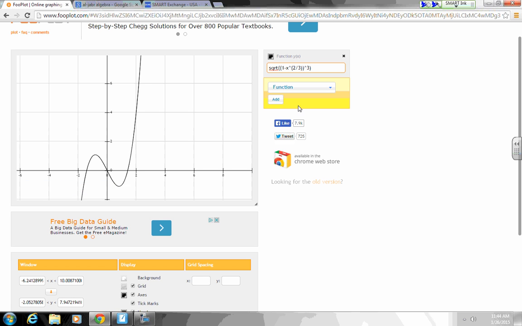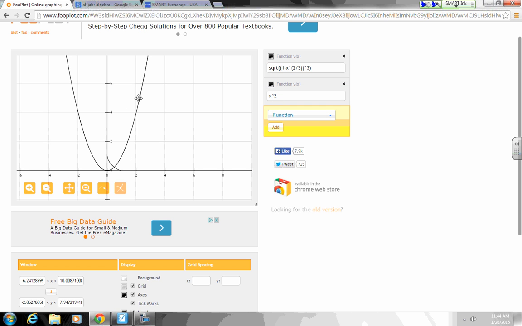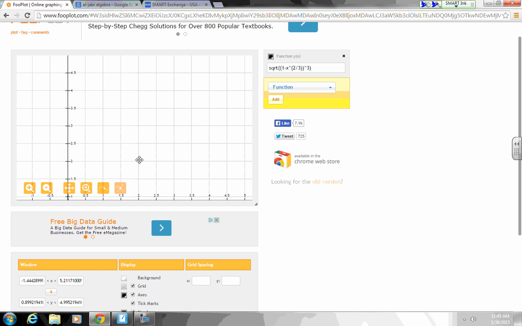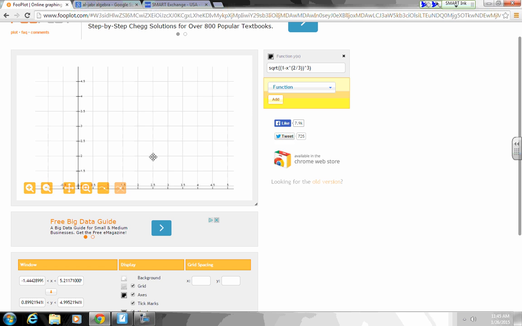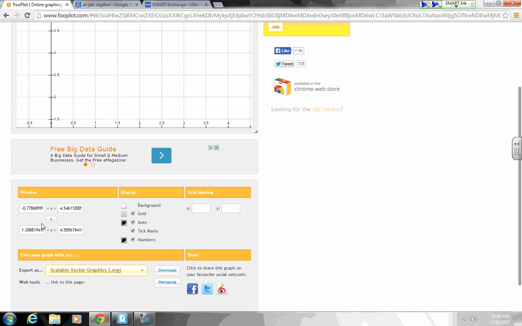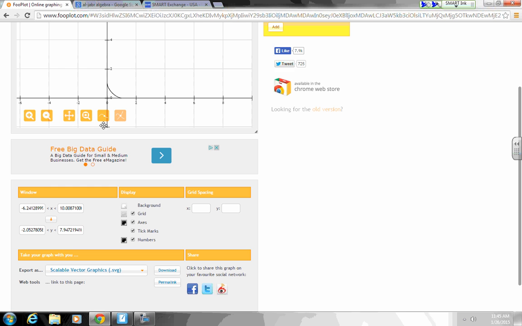Is that close enough? Okay, so I only got, it didn't even give me the other part. Why didn't it give me negative? No negative? Why not negative? And I cannot move it? Well, anyways, it should have given me 2.